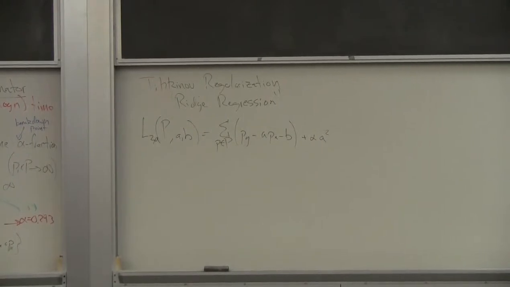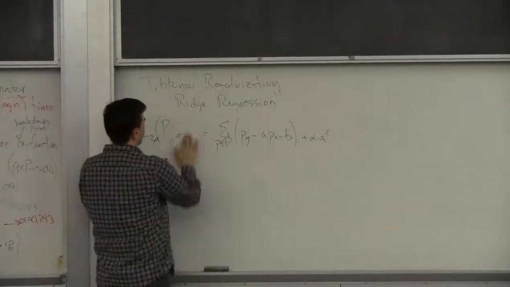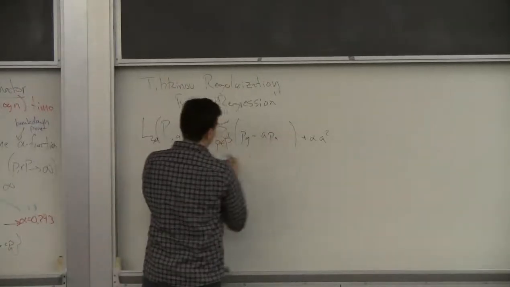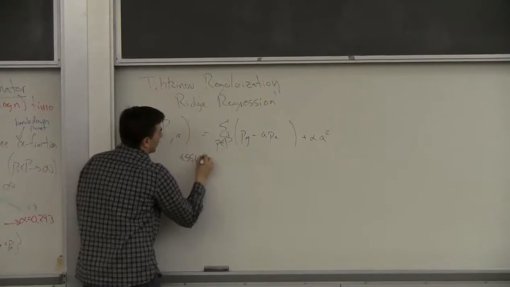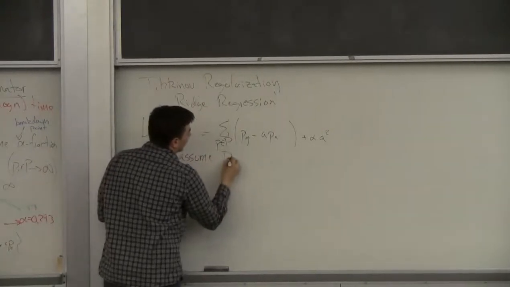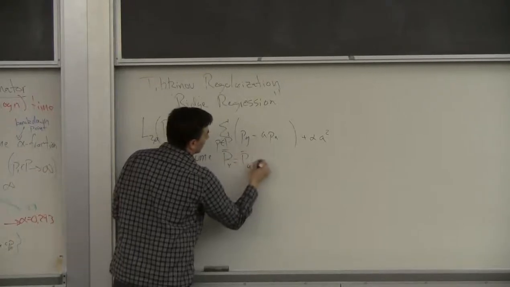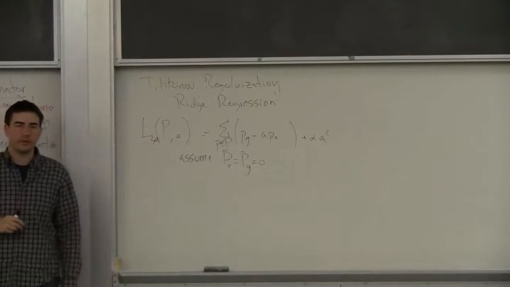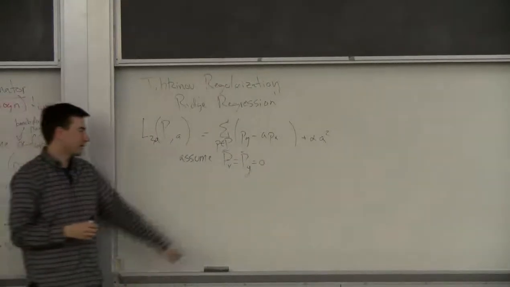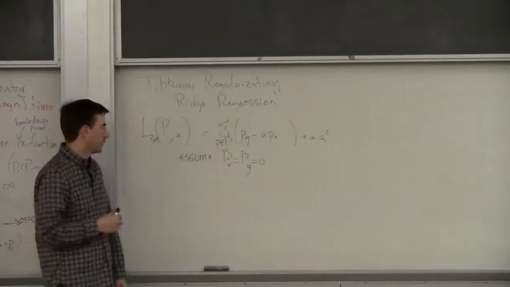Actually, just to simplify this a little bit, I'm going to ignore b and assume the mean equals 0. So I'm going to assume that all the x and y coordinates have mean equal to 0. That's not true, but I can go and subtract out the mean of them pretty easily.